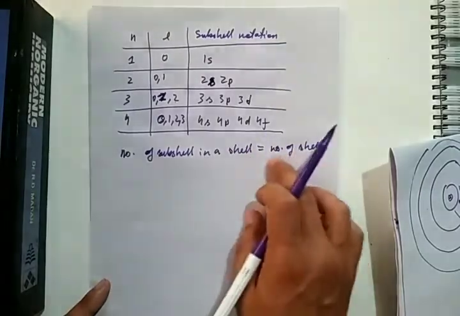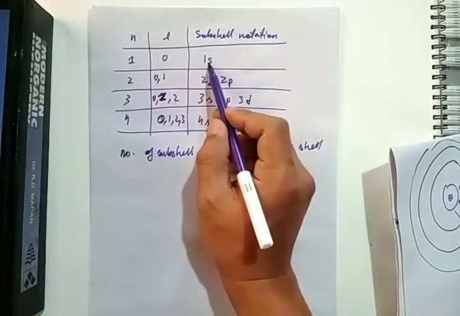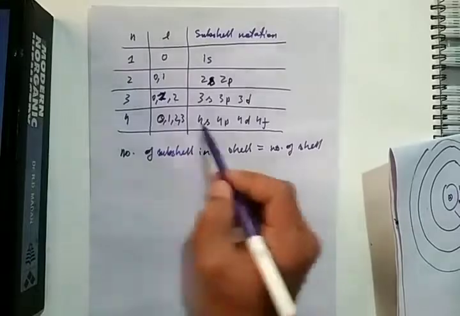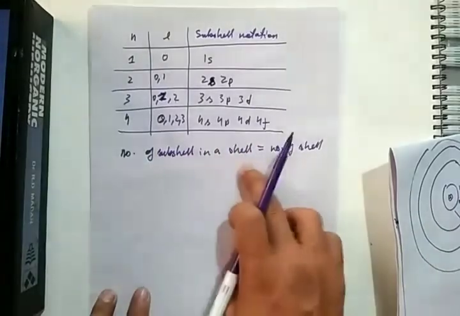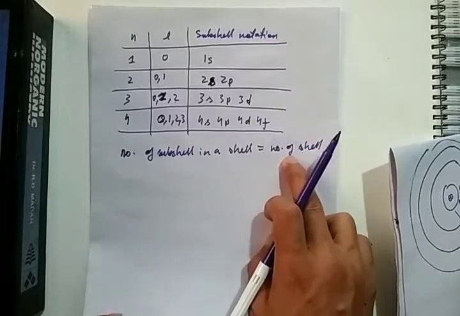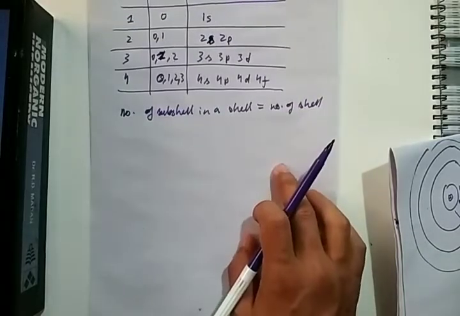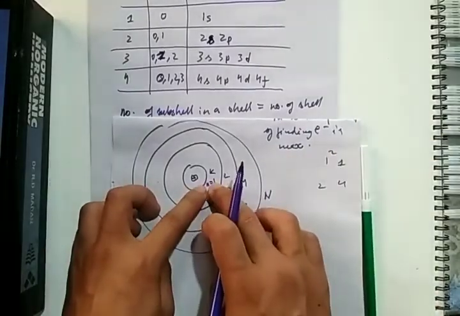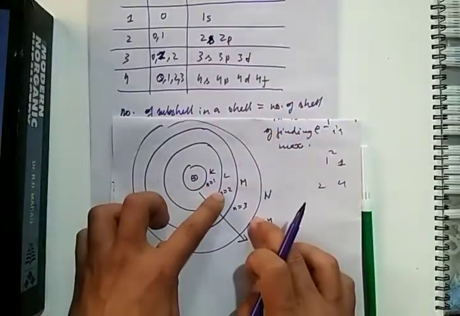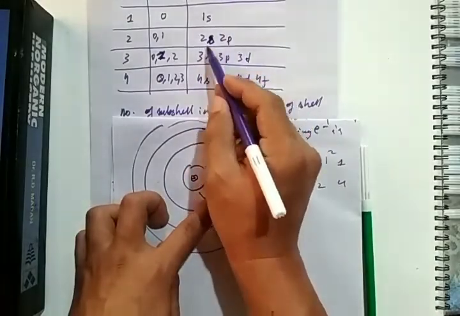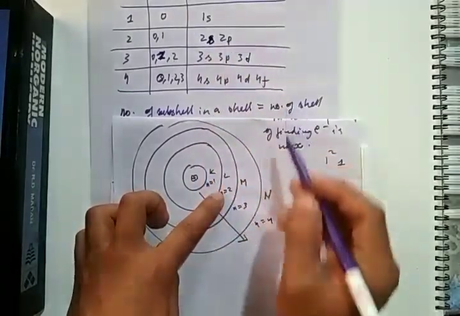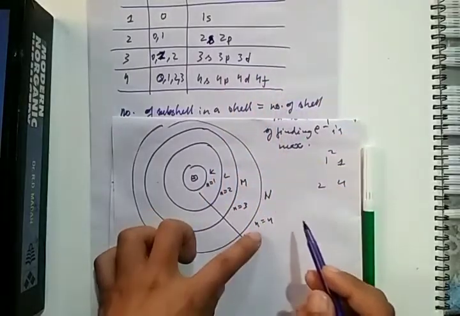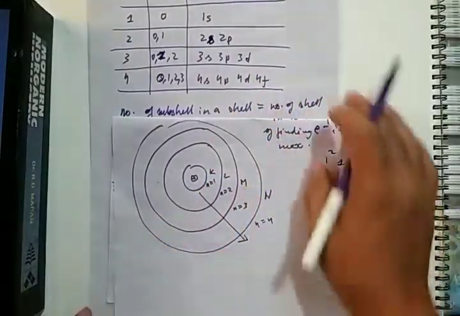For n equal to 1 there will be only one subshell. For n equal to 2 there will be 2 subshells, 2s and 2p. For n equal to 3, 3 subshells will be present, 3s, 3p, 3d, and for n equal to 4, 4 subshells.